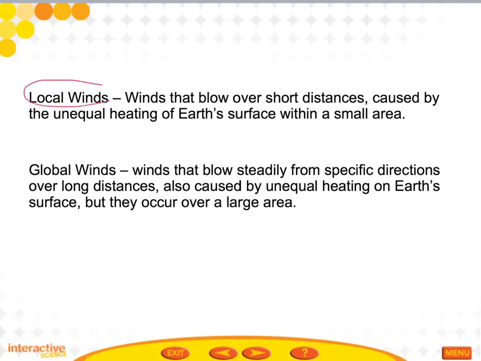Local winds, that's our next thing we're going to talk about. These are the ones that blow over short distances. This is a key word here, short distances, and it's caused by an unequal heating of Earth's surface within a small area. Another key word there is the small area. Okay, now a couple examples of these are sea breezes.